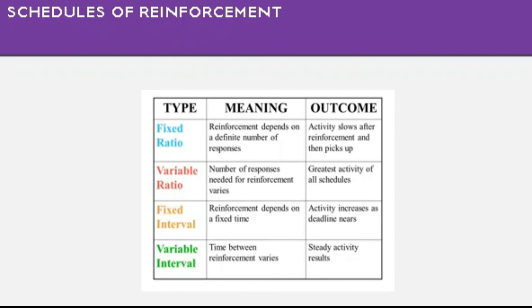Halimbawa, nakabenta siya ng 5 kotse, makaka-receive siya ng isang reward or ng reinforcement. Tapos, magbibenta ulit siya, hindi na siya 5, 6 na. Okay? Tapos, then bago siya makareceive ng reward or ng reinforcement. Tapos, magbibenta siya 7 naman. Okay? And 8, 9, 10. Every that. So, the variable changes.